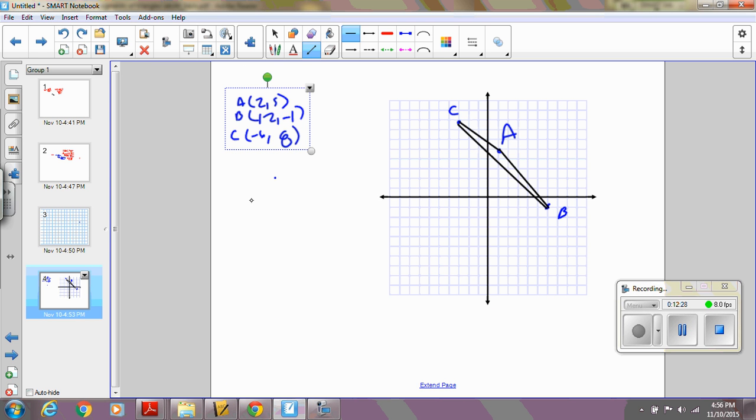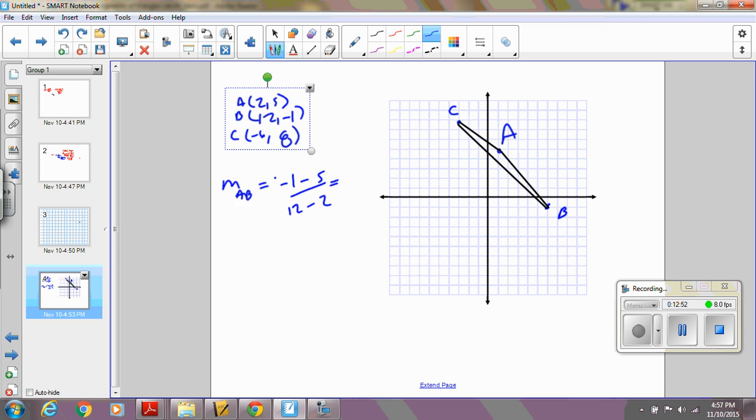So to find the slope of AB, you're going to have to use this little formula, which is y2 minus y1, so that's negative 1 minus 5, over x2 minus x1, so that's 12 minus 2.